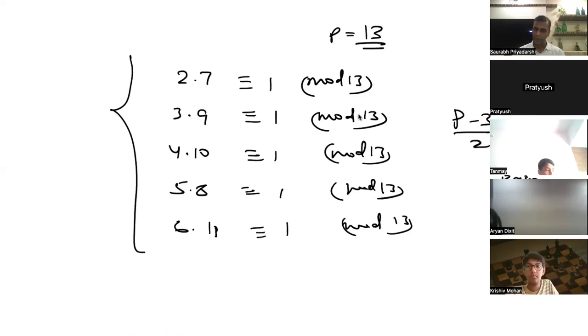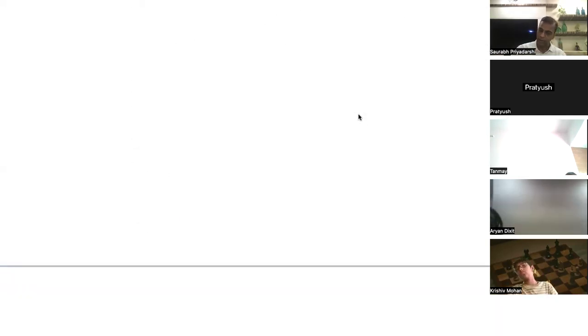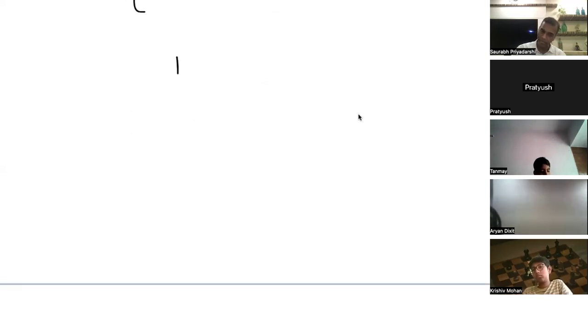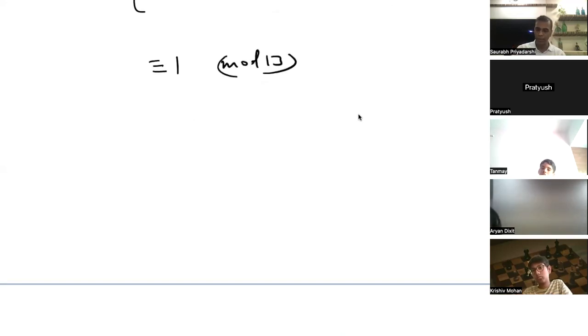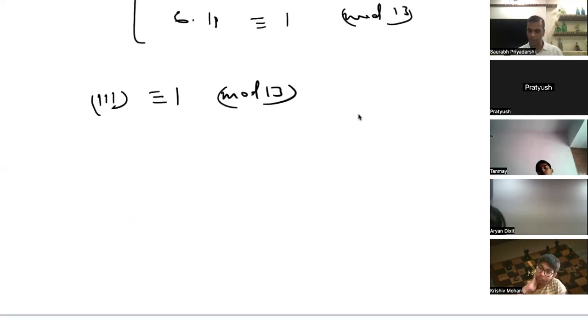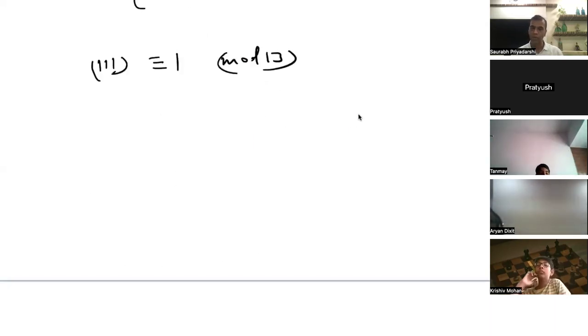Yes, sir. So if you see this, what I'm getting is with these pairs, I'll always get 1. This is congruent to 1 mod 13. I can say this is factorial 11. In this case, 1 to 11 numbers are there. So factorial 11 is congruent to 1 mod 13.